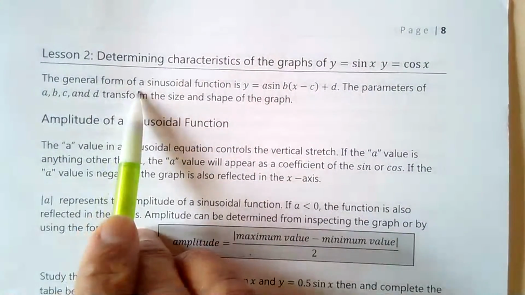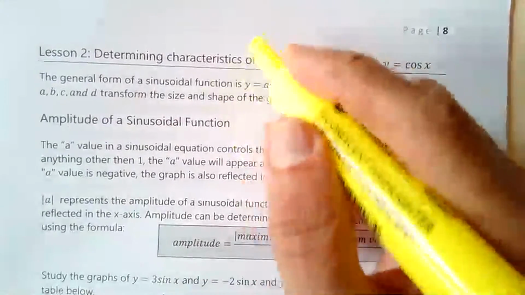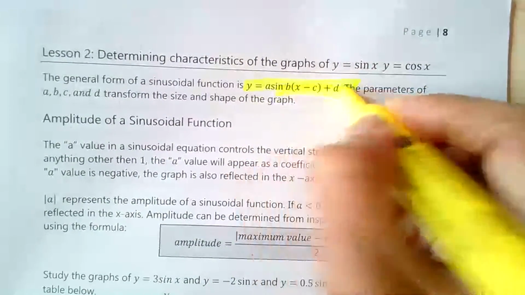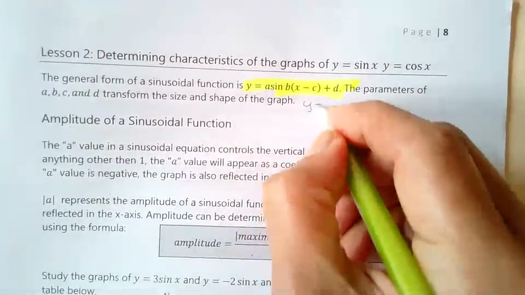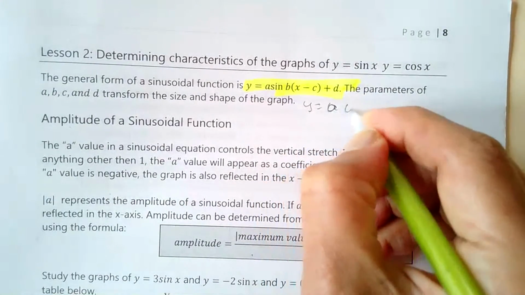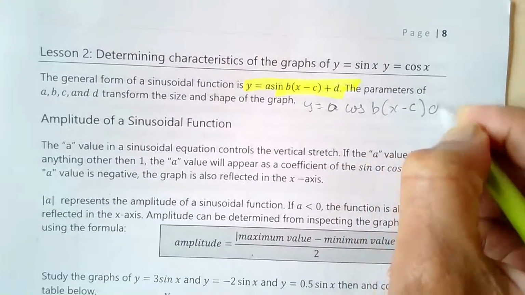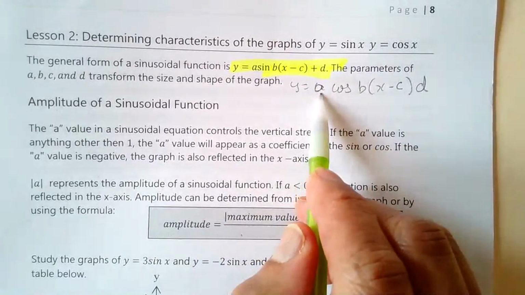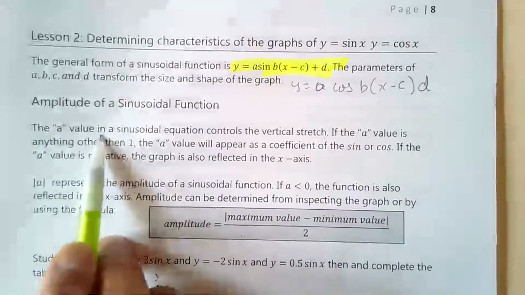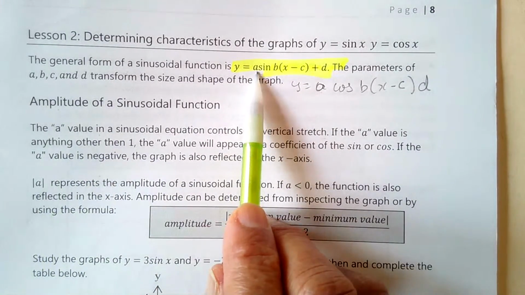The general form of the sinusoidal function is y equals a sine, but also y equals a cos b(x minus c) plus d. So the a is your vertical stretch, or the amplitude.